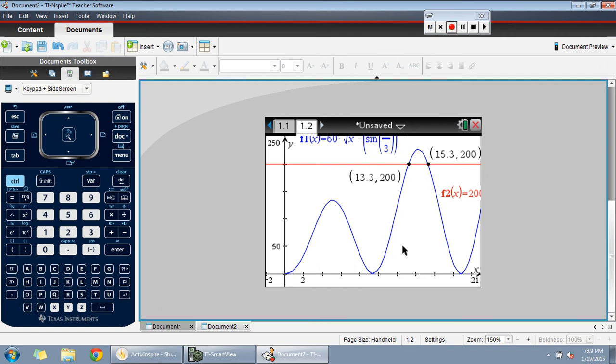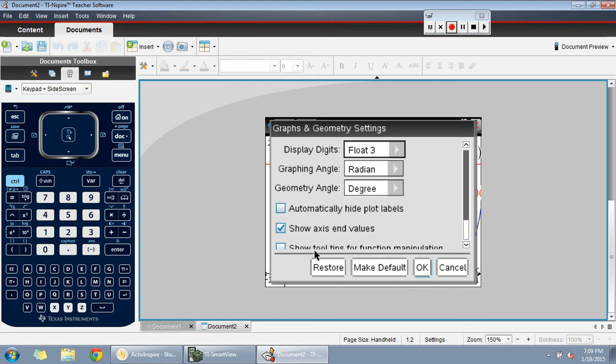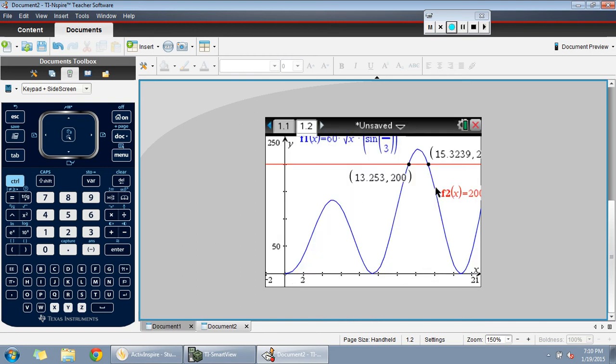Okay, so we have those two. Let's go to menu, settings, float, there we go. So we've got our 3 decimals that we need.